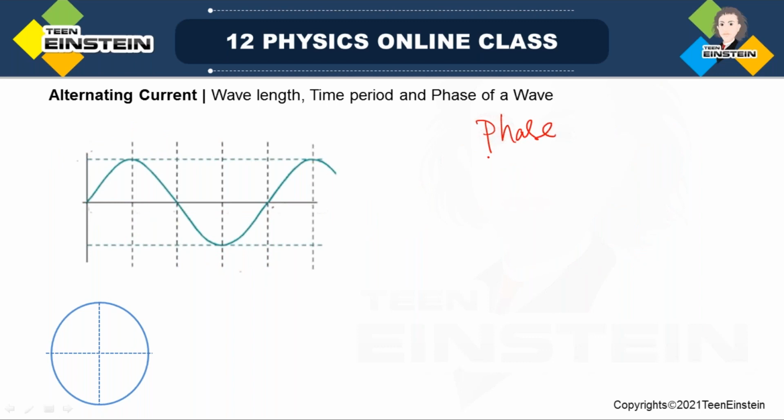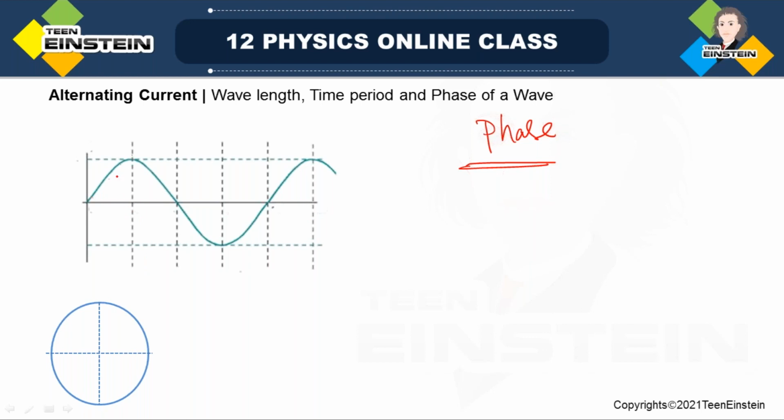Now let us see what phase is. You have already learned this. I'm just recapping these things because they are needed to learn this chapter well. See, I have a signal.